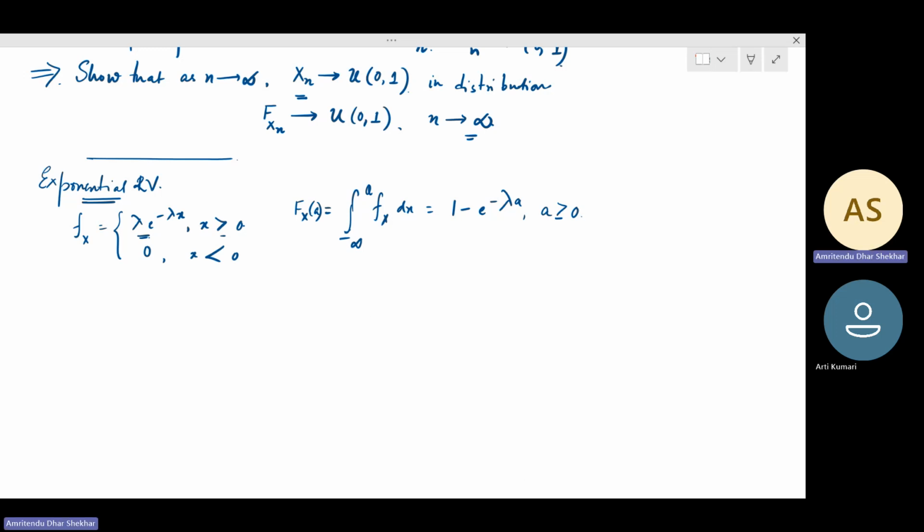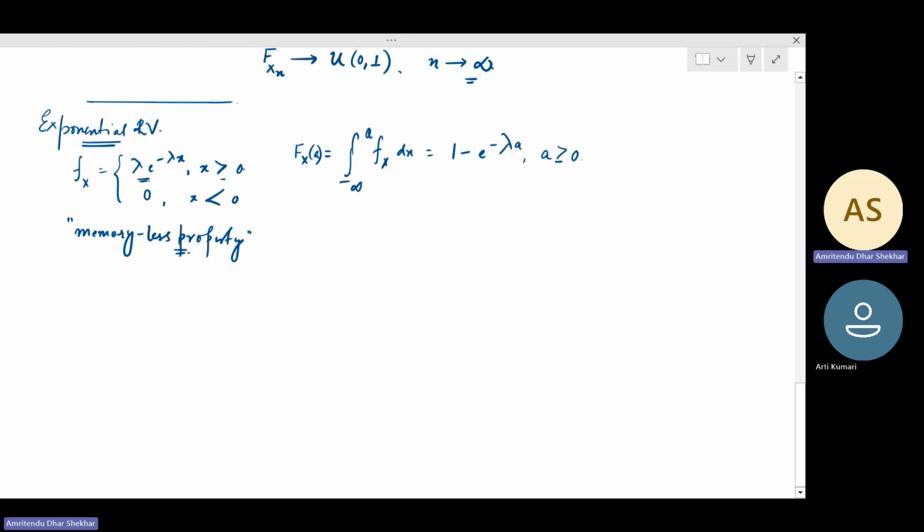Exponential random variables have this so-called memoryless property, which states that the probability of x being greater than s plus t, given that x is already greater than s, is just the probability of x being greater than t. Right?